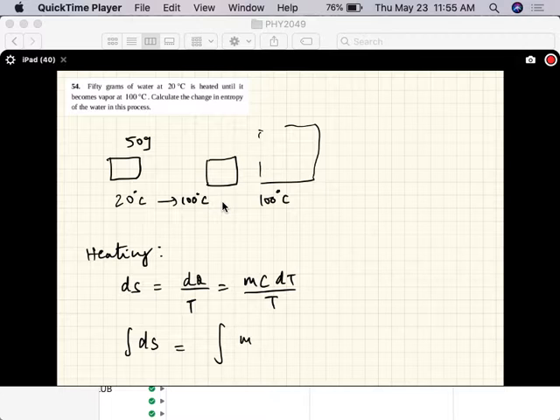So as you're going from 20 degrees to 100 degrees, you've got to sum up all these little pieces. And that's what we're going to do. So this is the change in entropy as you heat the water, going from 20 degrees Celsius, which is 293 Kelvin, to 373 Kelvin.